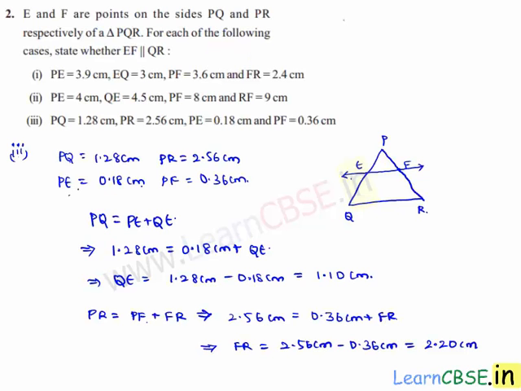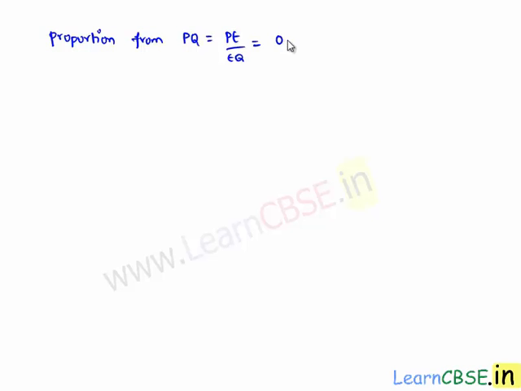Here the proportion from PQ will be PE by EQ, which is equal to PE is 0.18 here divided by EQ, we obtained it as 1.1 centimeters.